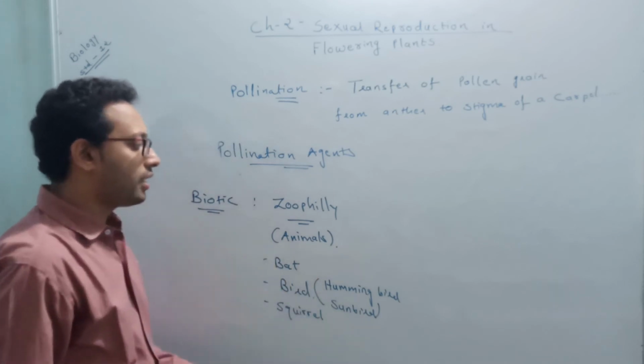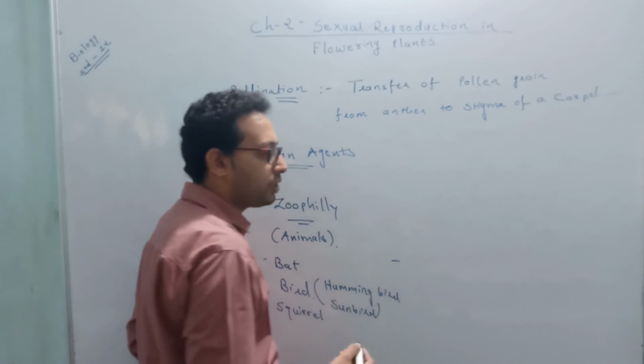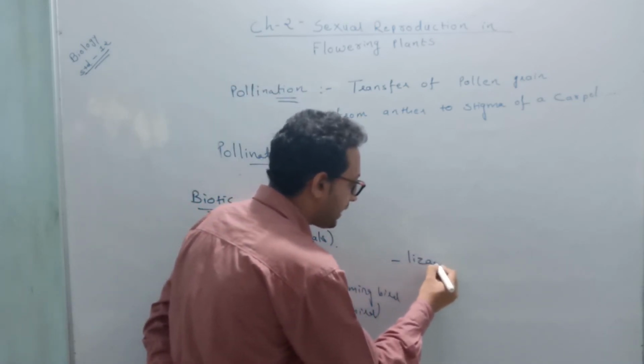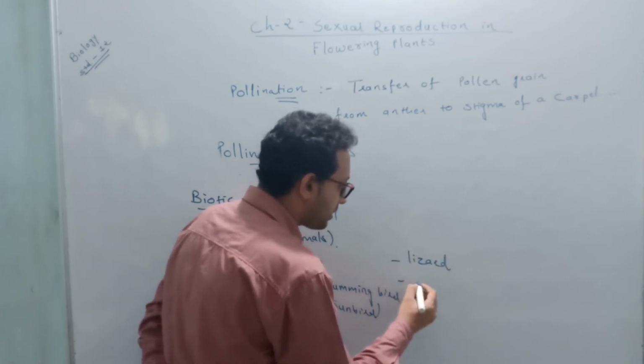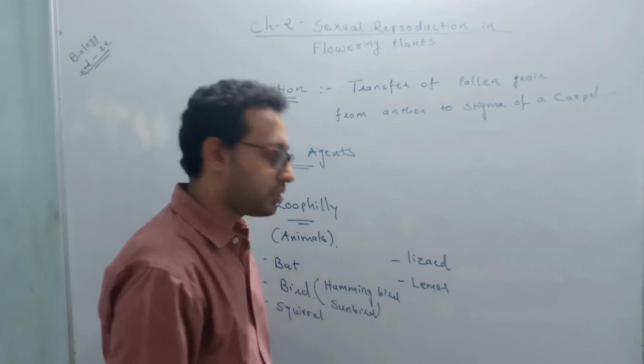These are relatively smaller animals which help in the pollination process. Apart from that, the other animals which also help in the pollination process are reptiles like lizards. Next, it's a lemur. It's a large animal which helps in the pollination process.